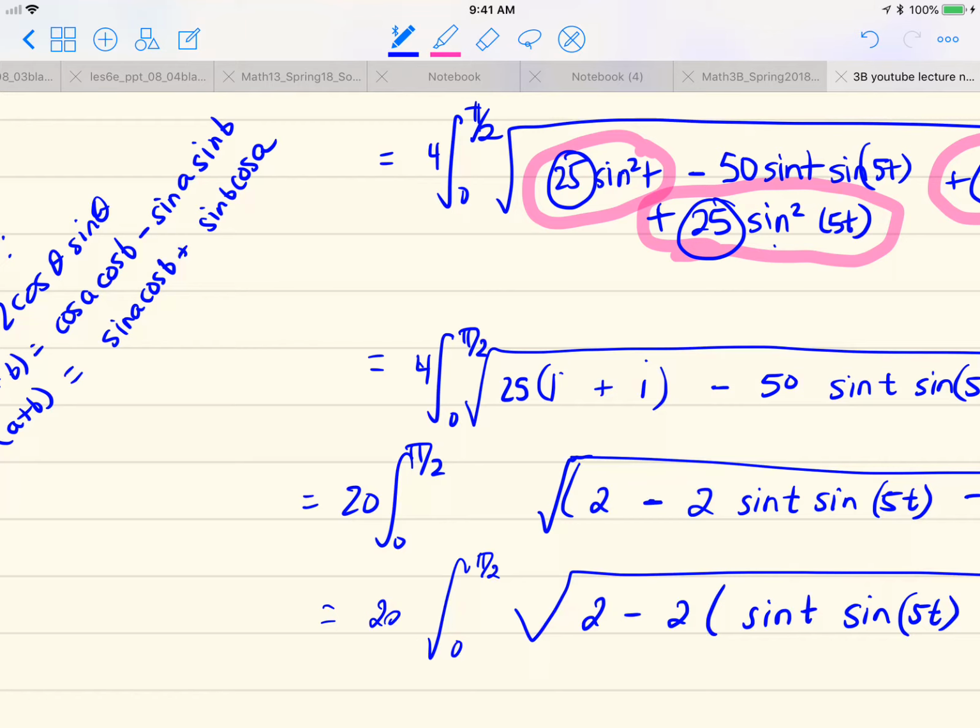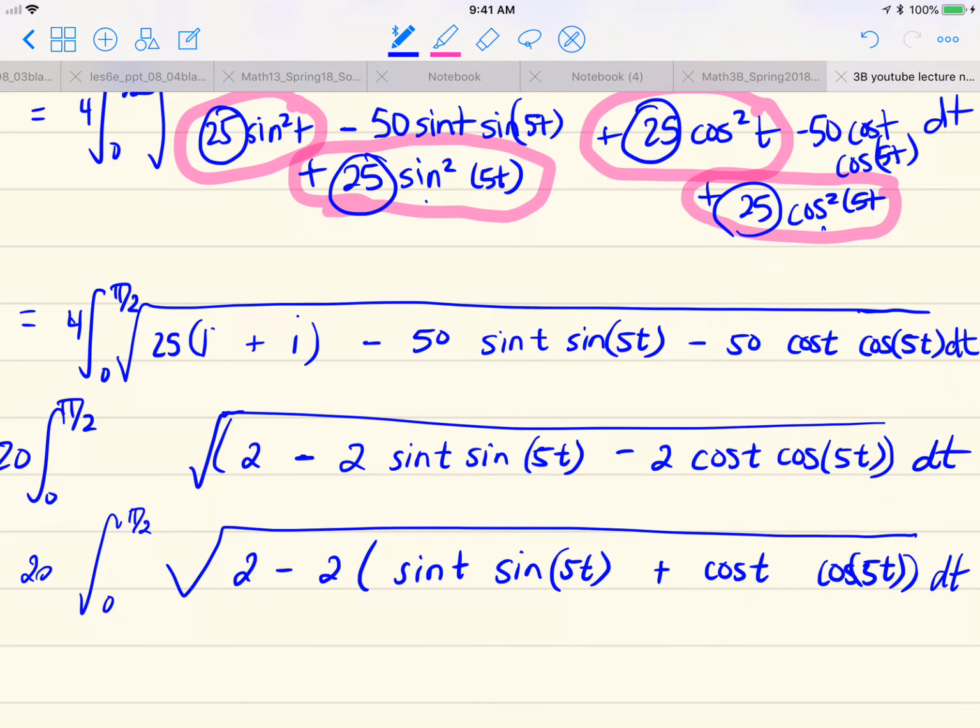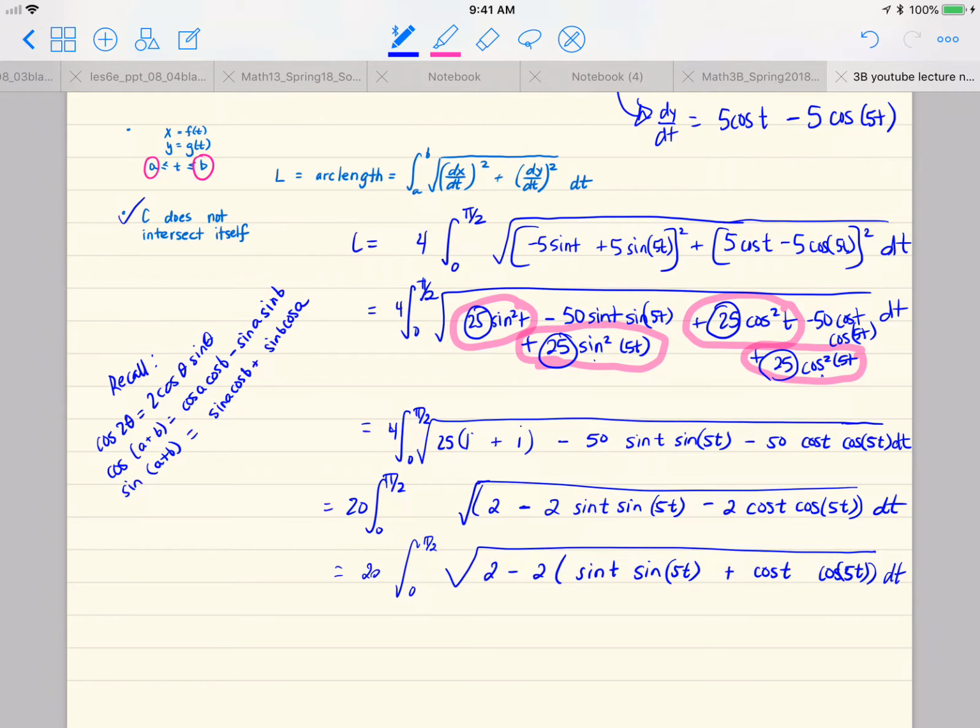Let me double check my trig identity here. Okay, so, with the cosine a plus b formula, let's just look at this. Okay, got it. I was very, very close. I just Googled it.